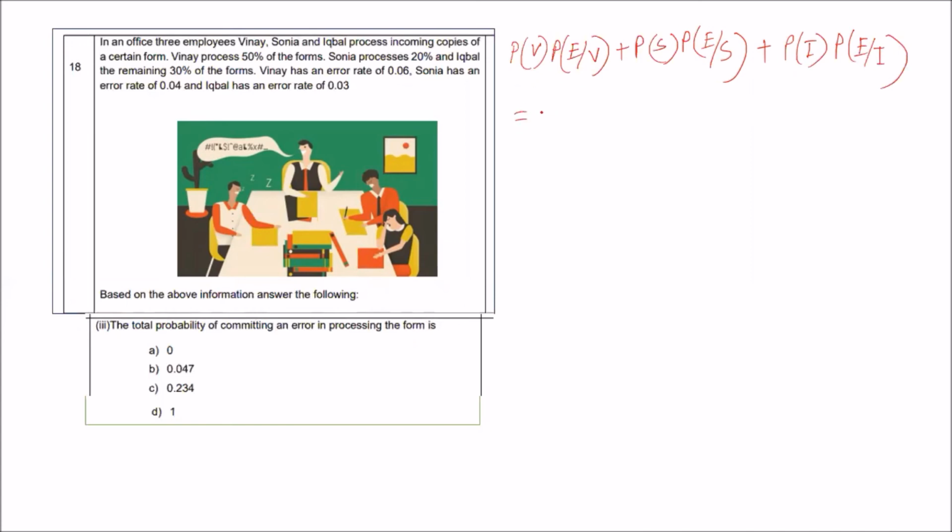Here it will be 50%. So 50% I am writing 0.5 into 0.06. Committing error is 0.06. Sonia has 0.04 and it is 20%. So 20% I am writing 0.2, 0.2 multiplied by 0.04, plus this will be 30% and 0.03.